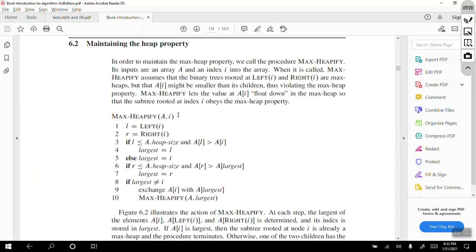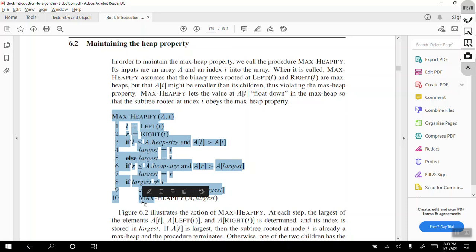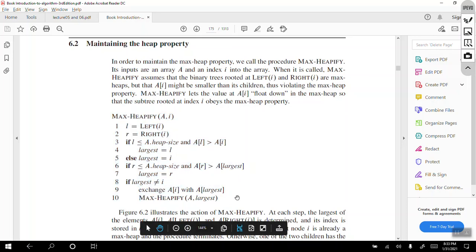So, maintaining the heap property. What is the heap property? The main heap property is that the root element must be greater than or equal to its children elements, right? In order to implement a heap sort algorithm, we need to maintain that property.